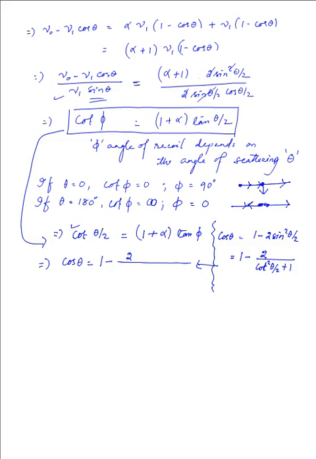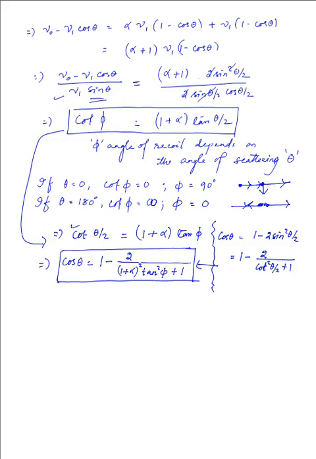So the square of that is going to give us 1 plus alpha squared tan squared phi, and that is added to 1. So this is the relation of the angle of scattering with respect to the angle of recoil, that is theta with respect to phi.